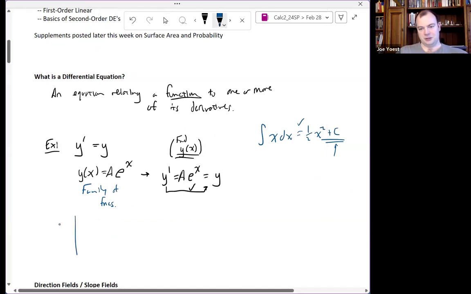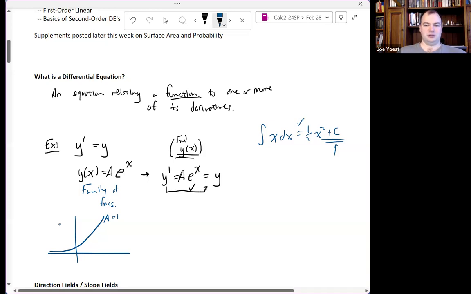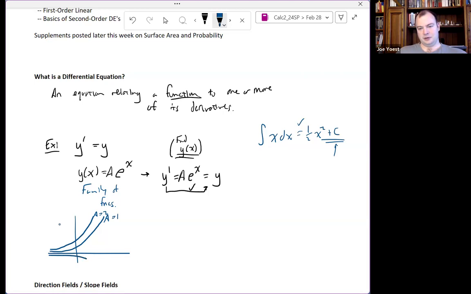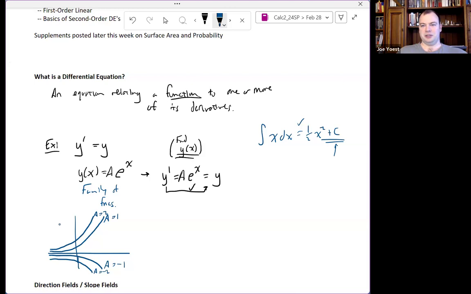So what do my solutions look like? Maybe if a was 1, I get a solution that looks like that, y equals e to the x. If a was 2, if a was, say, -1 or -2, of course, a doesn't only have to be integers, but I'm just showing some integers.